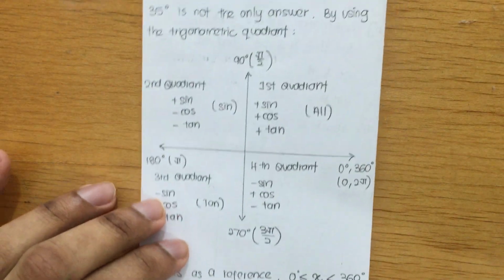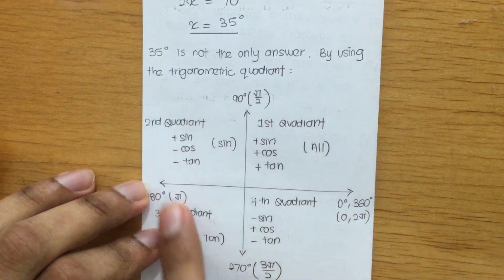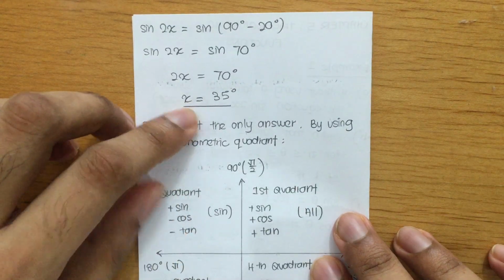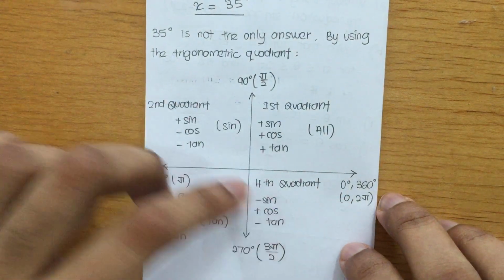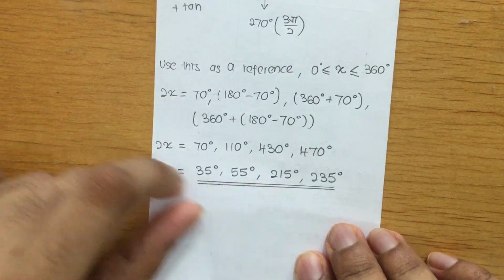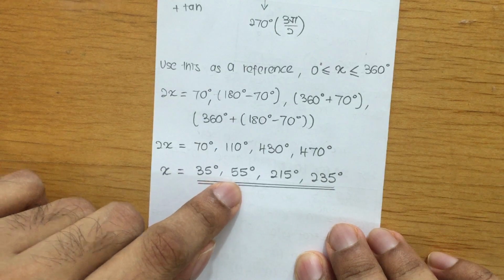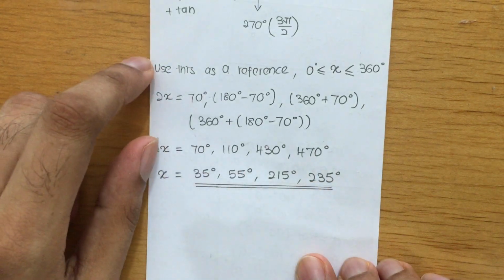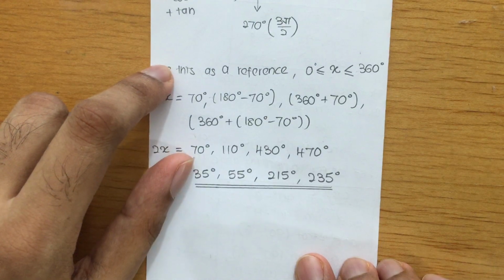And then we learned how to use the trigonometric quadrant. We found one of the x values, and by using the trigonometric quadrant we found the remaining x values, which are 35 degrees, 55 degrees, 215 degrees and 235 degrees. Alright guys, let us proceed to the next question, so please hold on.